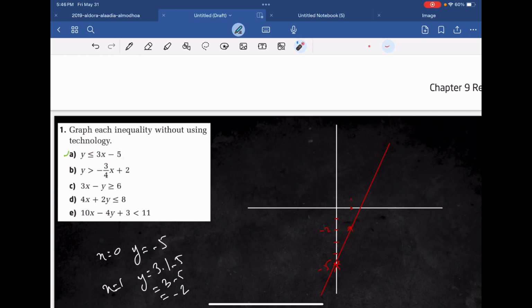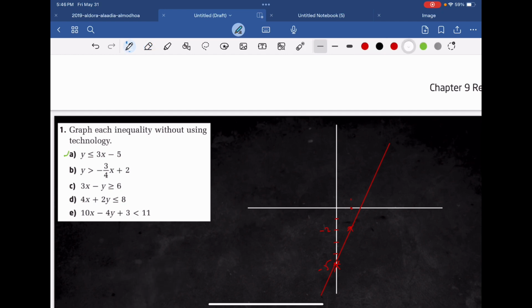So now I have my line, but where is my y less or equal than 3x minus 5? To find that, I will check with this point. I can see this point here, 0, 0, this one. Is it correct to apply this point in the equation or no?